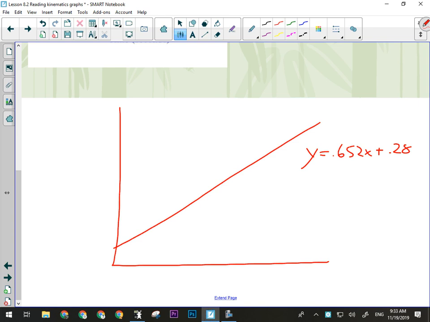Position is on this axis, and it's in meters. Time was on this axis, and it was in seconds. So if I use this equation to calculate a y value, I'm calculating the object's what? Position at whatever x is, at whatever particular time.